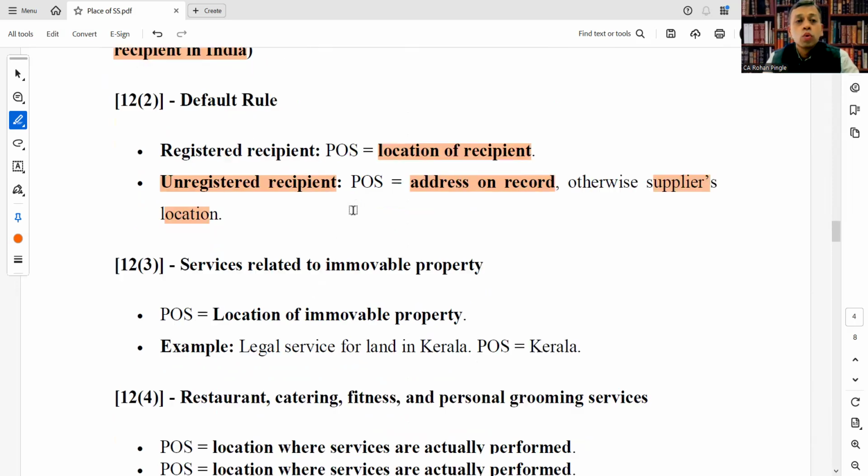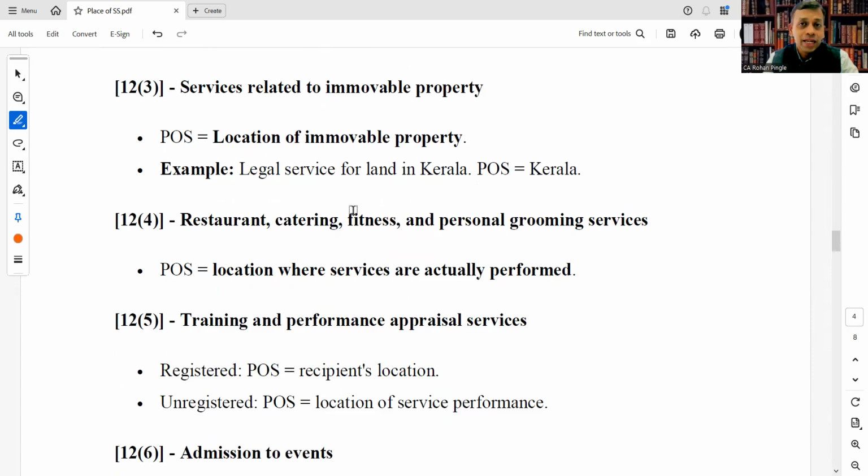Let's move on to the next, subsection 3 of section 12. Services related to immovable property. The place of supply is the location of the immovable property. Very simple.